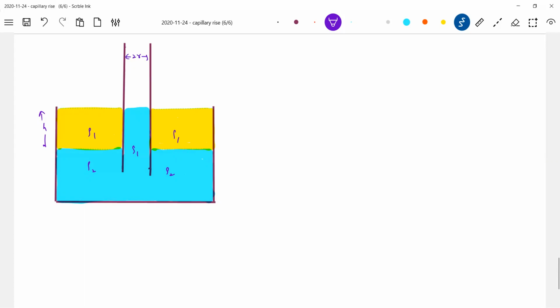We have to calculate this height, so this h has to be determined. Sorry, h is given. We need to find the surface tension of the heavier liquid, of density rho 2.